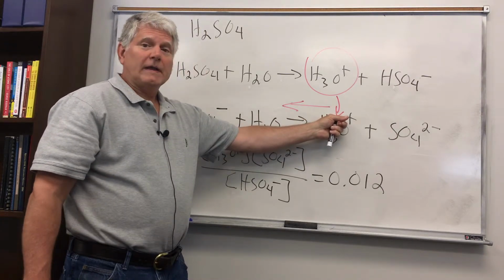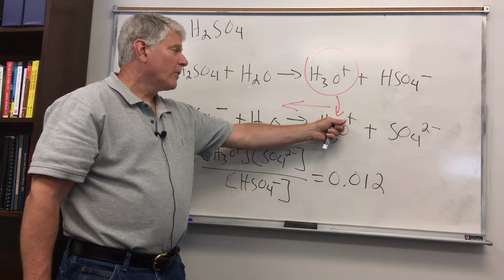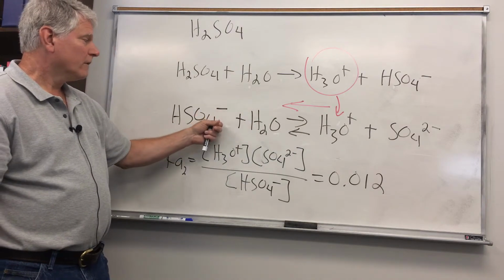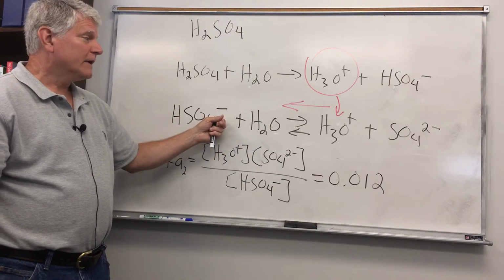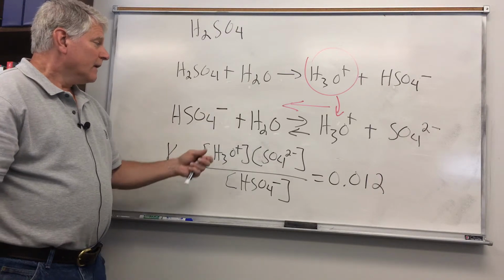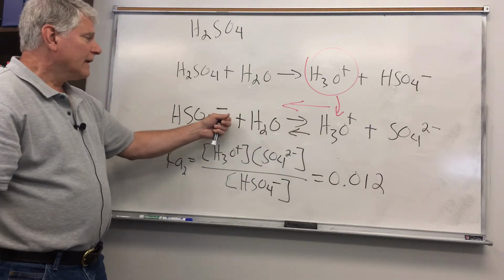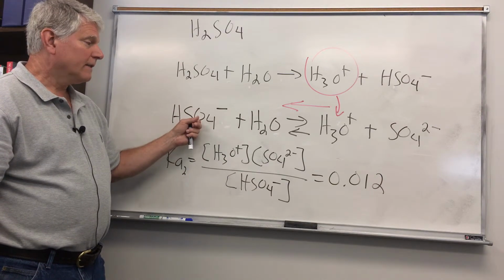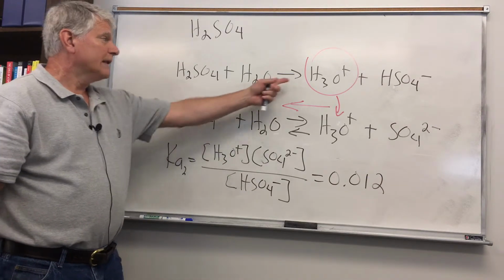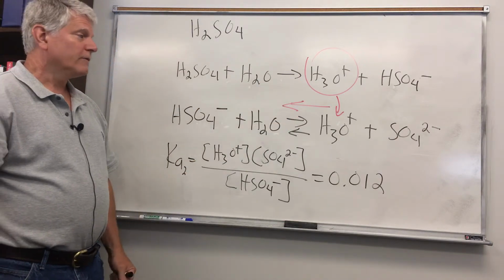And so from Le Chatelier's principle, if we overload product, we'll have to drive the reaction back toward reactants to reestablish equilibrium. So that means that even less of the HSO4- is going to react than would have if we didn't already have H3O+ present from the first step.